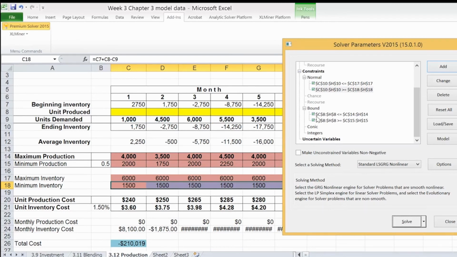Okay, so those bound constraints represent the lower or upper limit on your decision variables. So if you ever set upper limit or lower limit on your decision variables, they were shown here as the bound. And the other will be like a normal constraint.